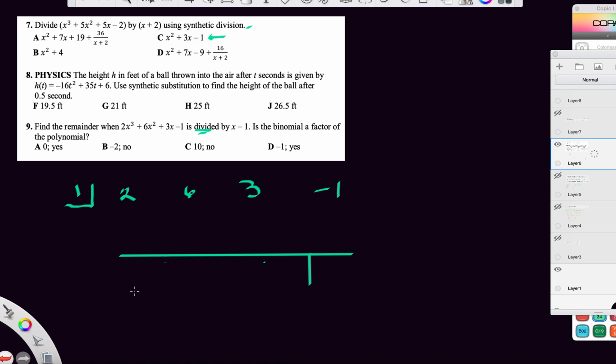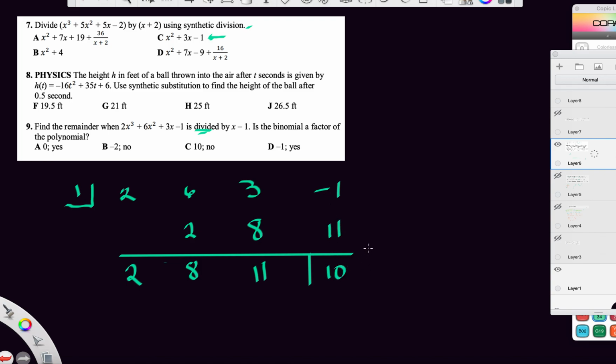Okay? Now, drop down the 2. Multiply 1 times 2, you get 2. There's an 8. 1 times 8 is 8. 3 plus 8 is 11. 1 times 11 is 11. 11 minus 1 is 10.